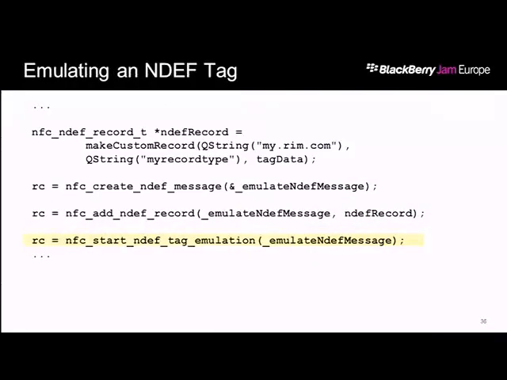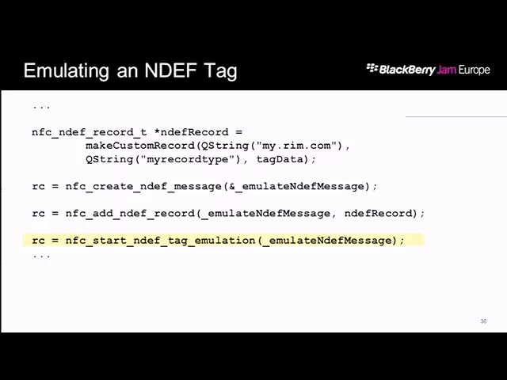How do you do it? Well, it's actually very similar to everything else that we've talked about here, in particular in card emulation. This particular set of sequences shows effectively building an NDEF message and then serving it out through virtual target emulation.